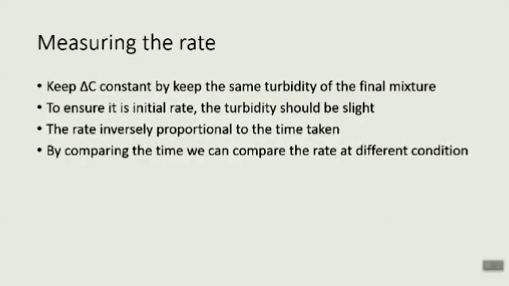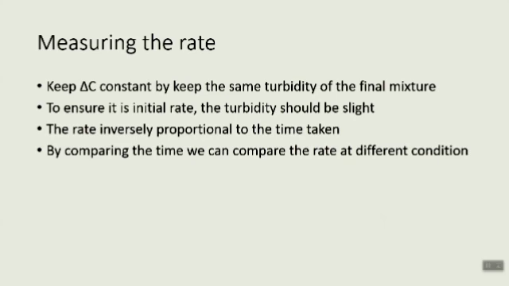How do we measure the rate and compare the rate at different conditions? We keep the amount of the product, in this case solid sulfur, constant by keeping the same turbidity of the final mixture, because the product is in solid form.